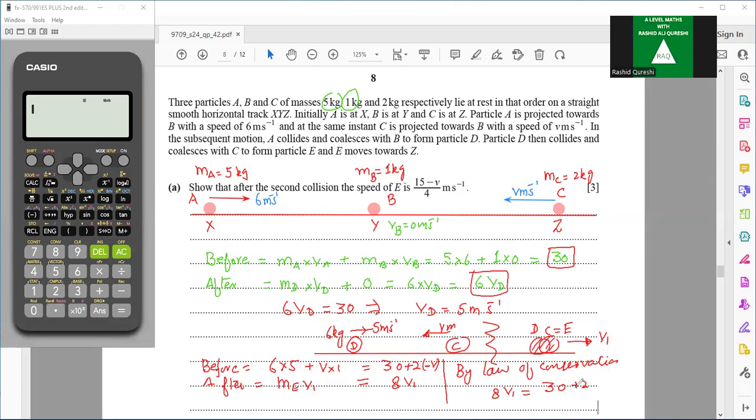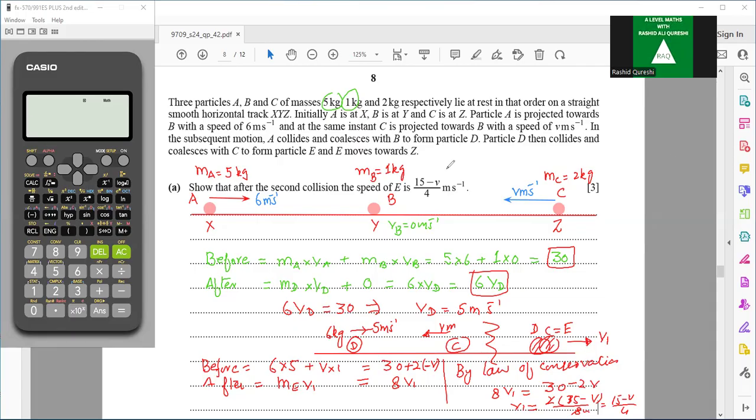So I have minus 2 times V. So V1 is equal to, when you simplify, taking 2 as common, 15 minus V divided by 8. After cancellation, I will get 15 minus V over 4. That is the required velocity. That's the answer of the first part of this question.